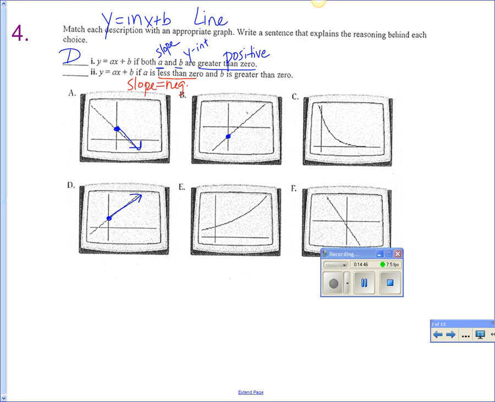And what is B? What does that mean? Positive. And what word is B? Y-intercept. Okay. Zach, which one of these graphs has a negative slope and a positive y-intercept? A. Very good. Okay, so D and A.